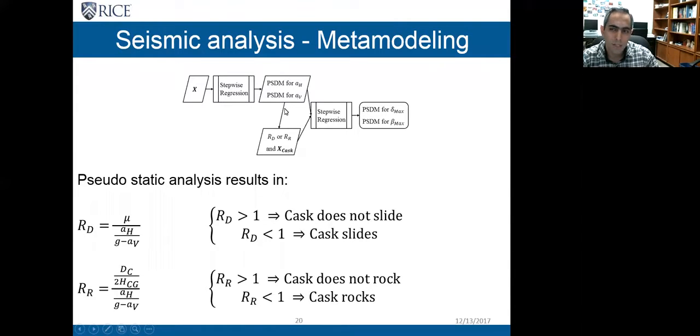After predicting those accelerations, we can estimate two dimensionless parameters, which I show by RD and RR here. These dimensionless parameters predict the initiation of sliding and rocking response. And then we can use those parameters along with the accelerations and other parameters like friction coefficient, dimensions of the cask, etc., to predict the target responses of this study. I mean the maximum horizontal displacement and maximum rocking angle.